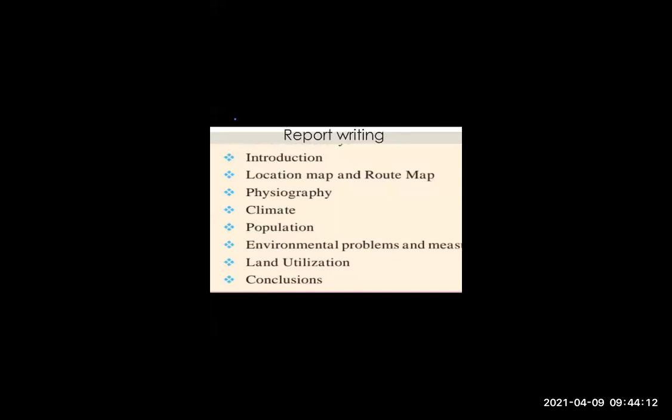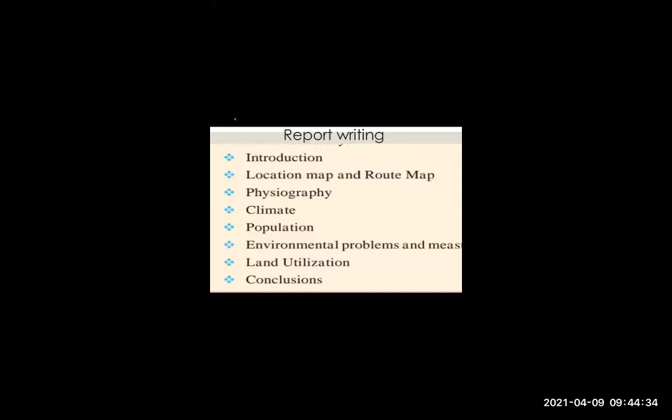The next thing is the location map and route map: how you reach that place, and what the location is. Physiography. Okay, students, I want to know from you what is the meaning of physiography.